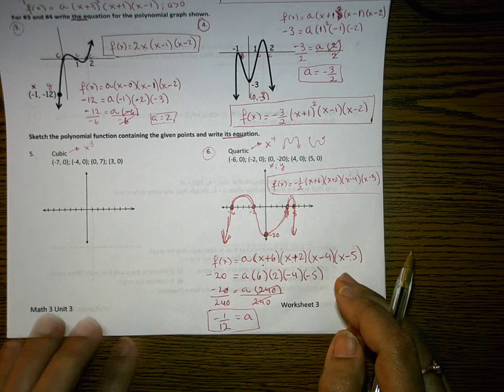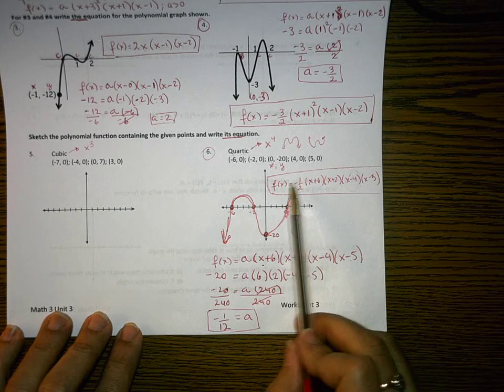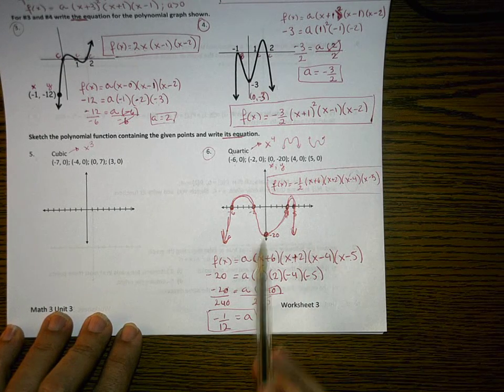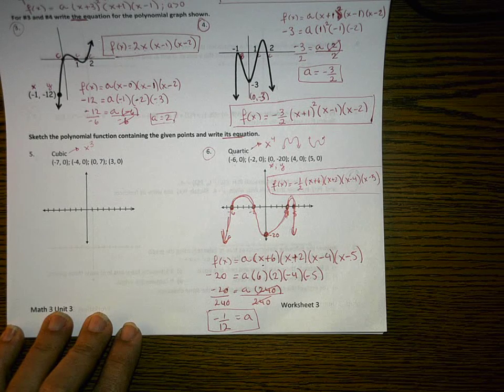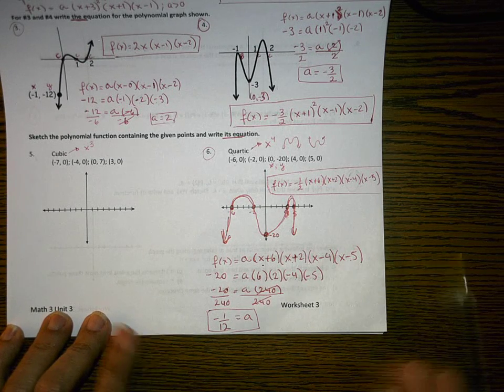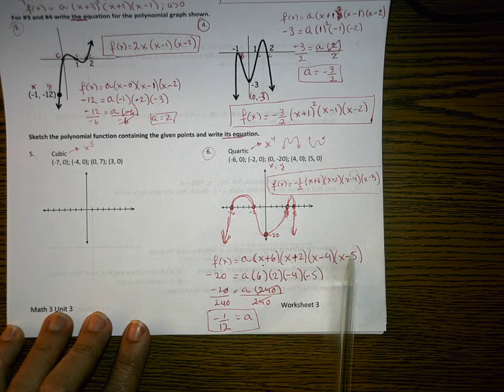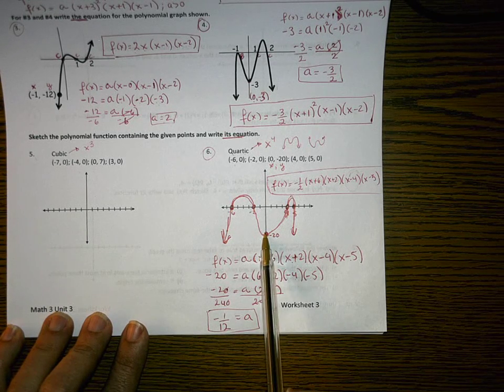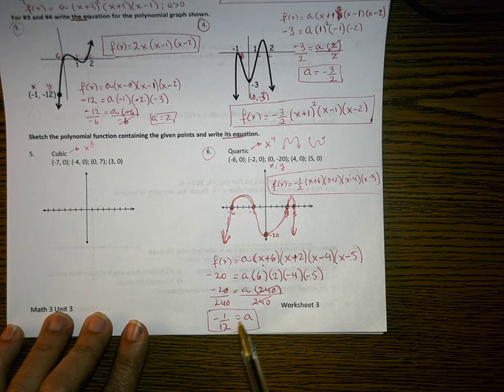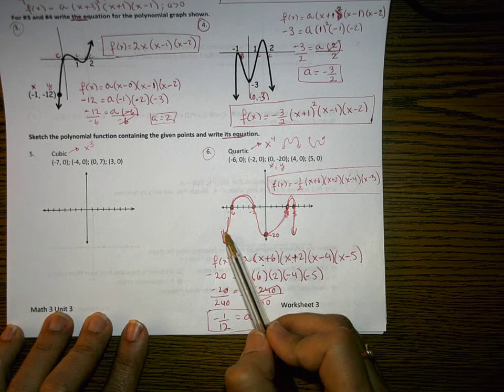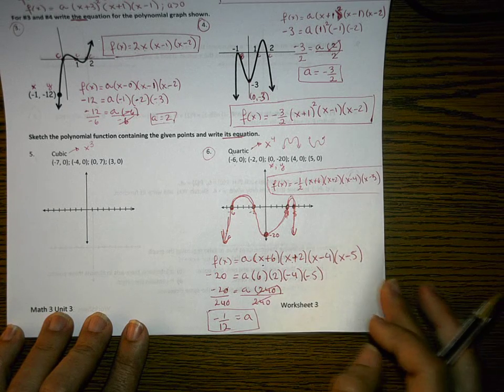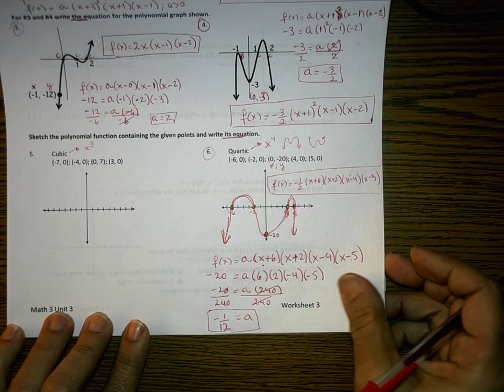I have all of the factors, and I know exactly what the stretch is for this specific function. My process here is always I take care of the factors first, and then I use the extra piece of information, usually a y-intercept or another point on the graph, okay? So that's how you write the difference between the equation and an equation.